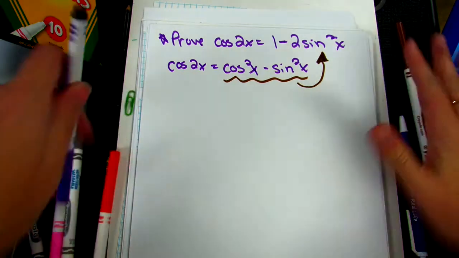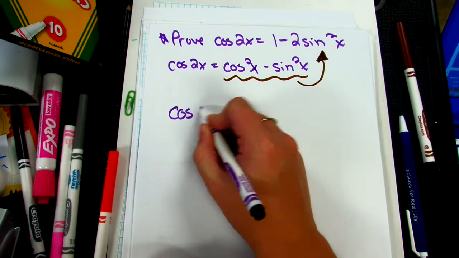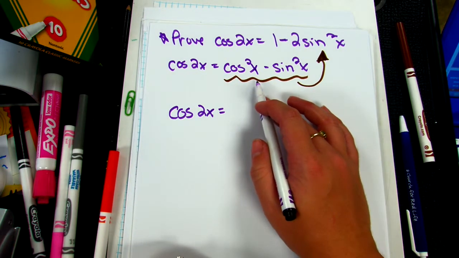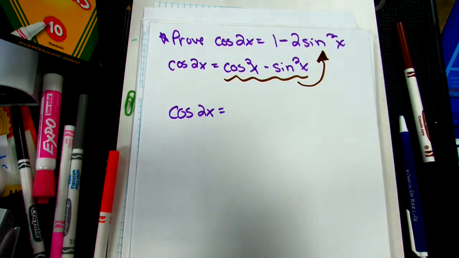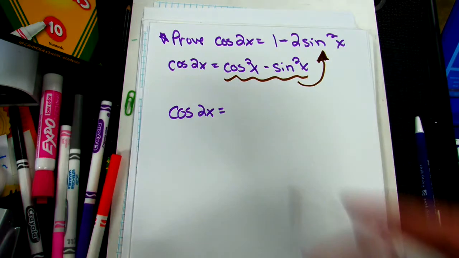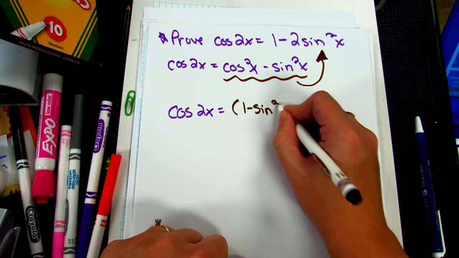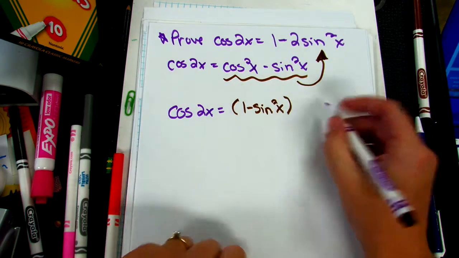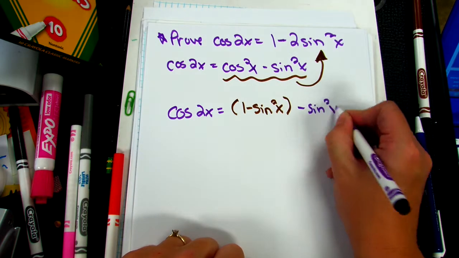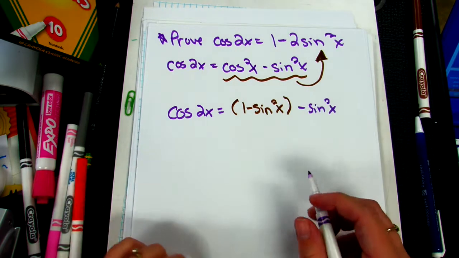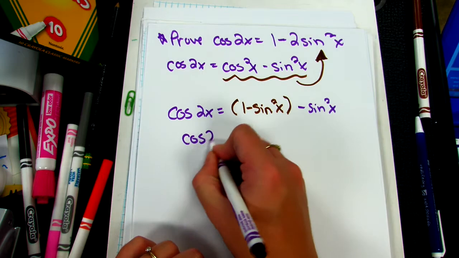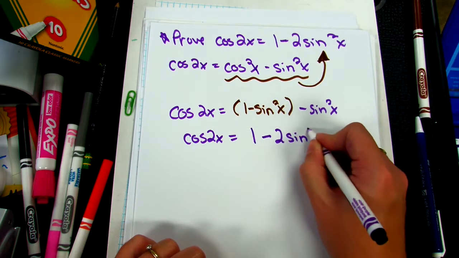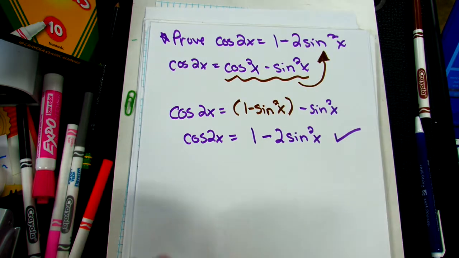Cosine squared x is the same as 1 minus sine squared x, and then we still have the minus sine squared x. So we end up with cosine 2x equal to 1 minus 2 sine squared x, which is what we were trying to prove.